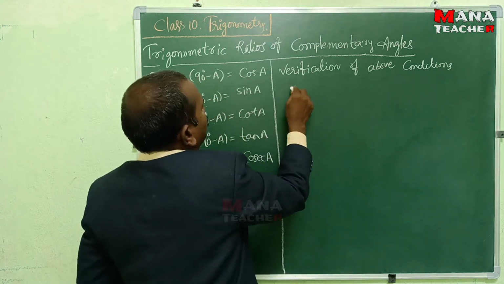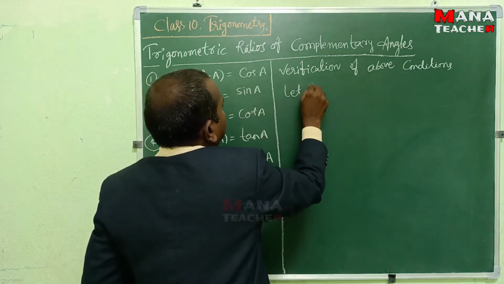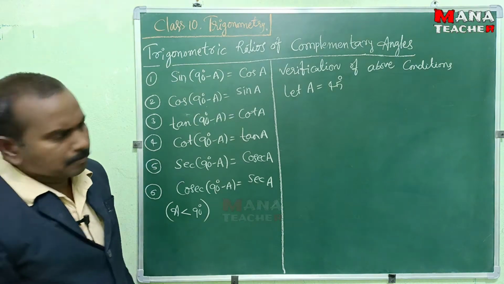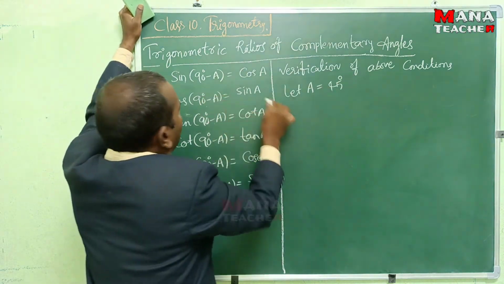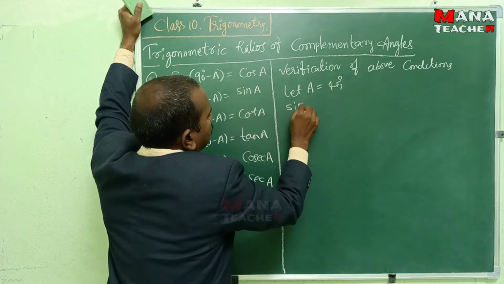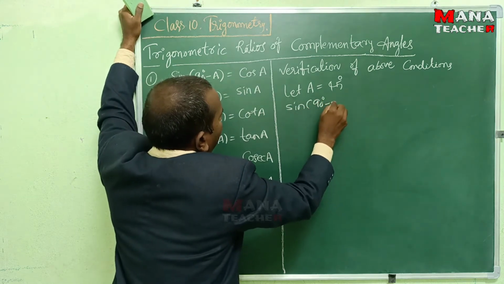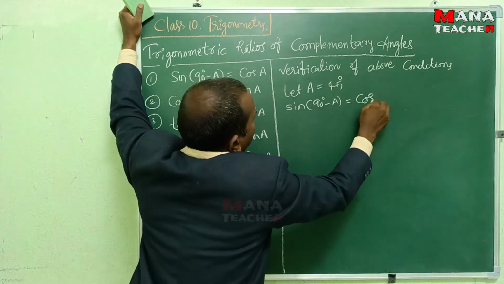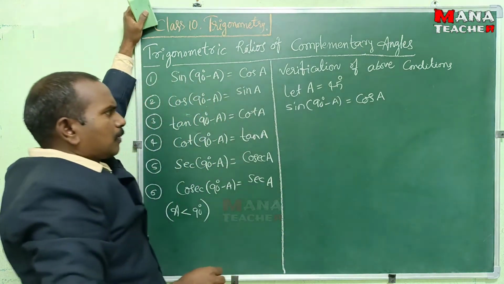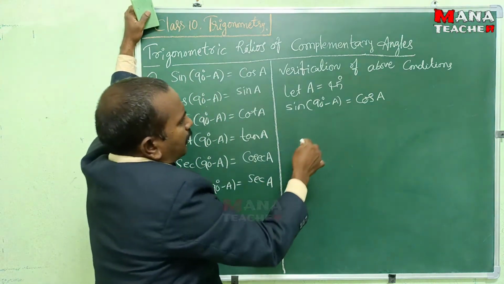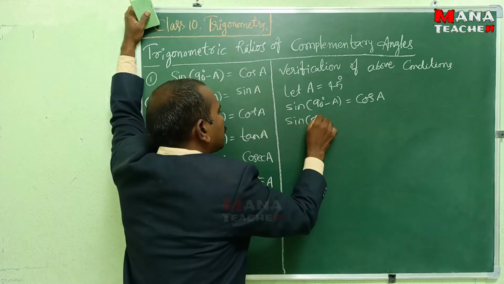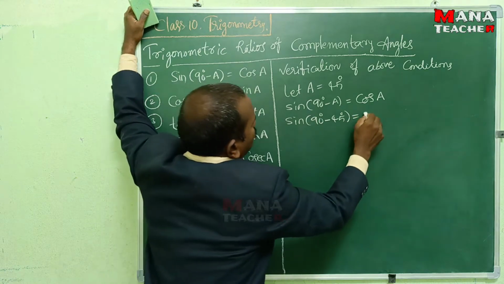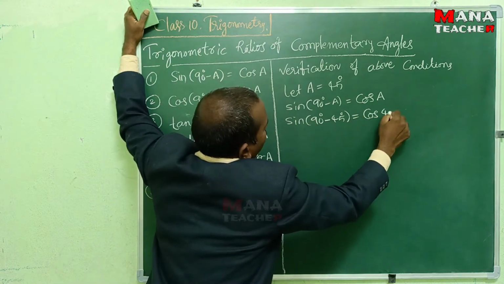First one, here let A equal 45 degrees. Now first take sin(90 degrees minus A) equals cos A. By substituting 45 degrees for A, sin(90 degrees minus 45 degrees) equals cos 45 degrees.